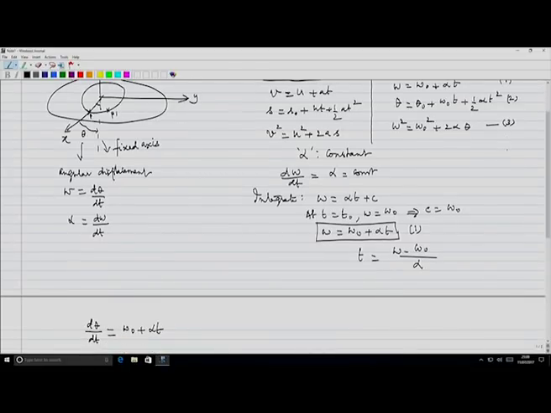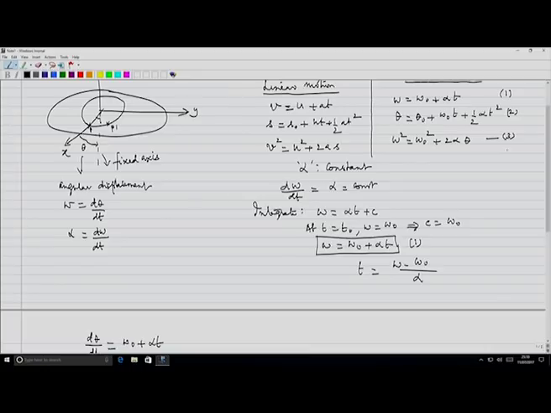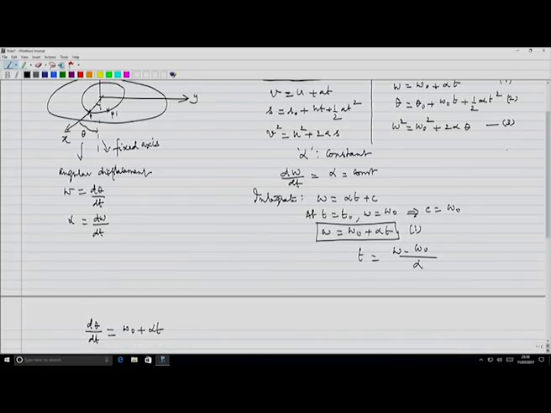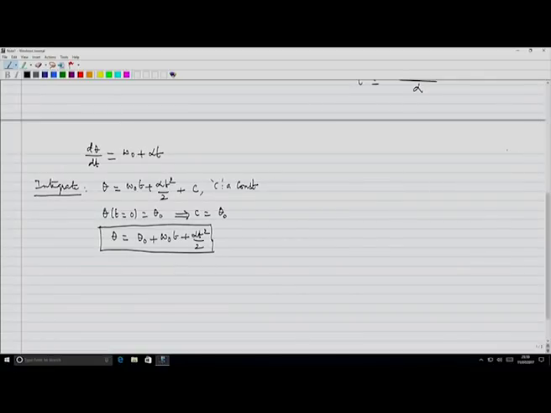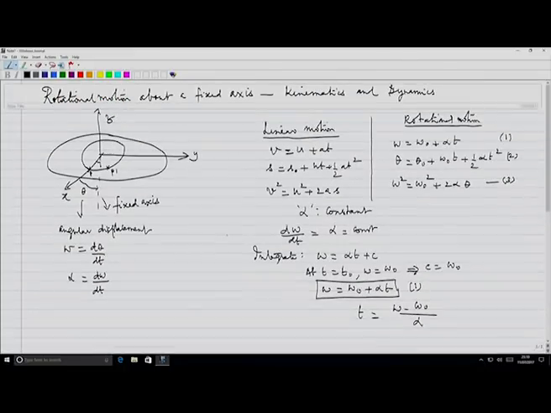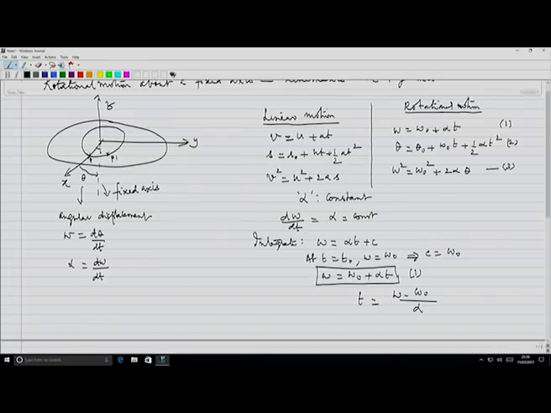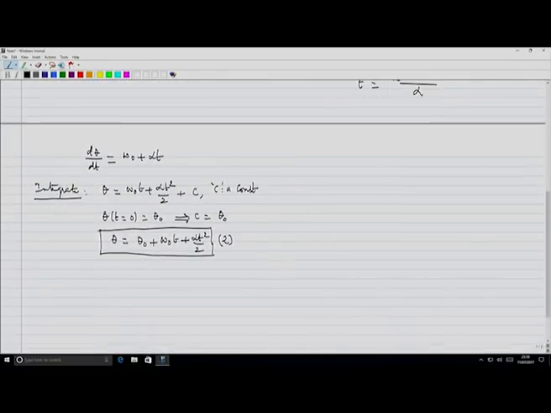So what did we do? For the second one, d theta by dt, this is where we started. Omega is d theta by dt from that definition. Then what we need to do is, this is equation 2. If you eliminate t from these two equations, that we will leave as a simple exercise.